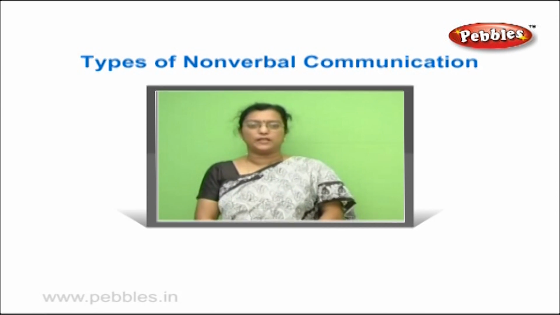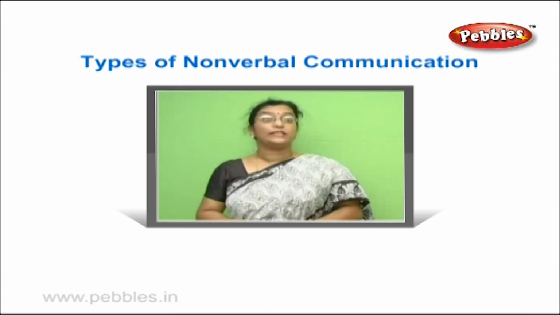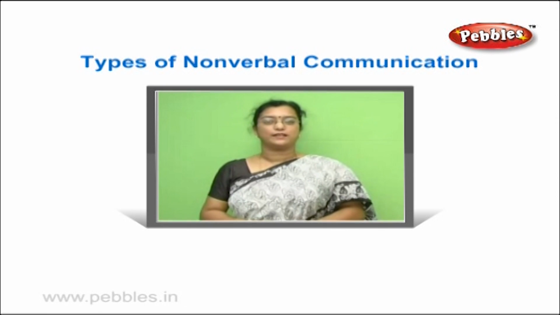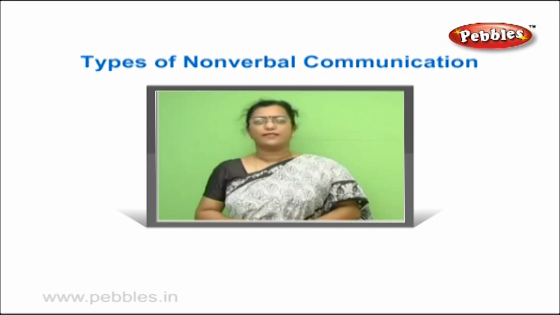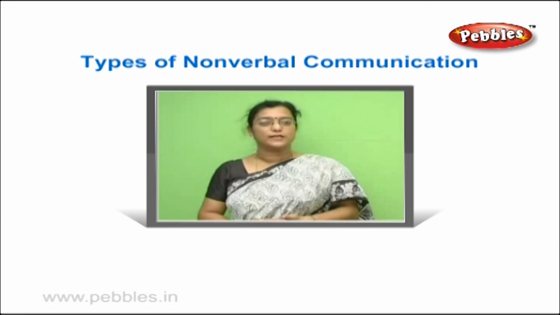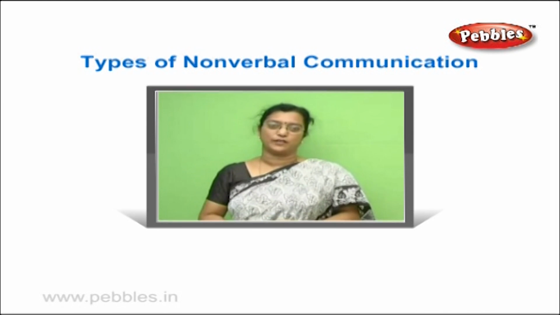The way we use them gives different meanings. For example, if your voice is very loud, it means that you are angry. Haptics. Haptics is nothing but communication through touch. It transmits the message of affection, familiarity, sympathy, etc.